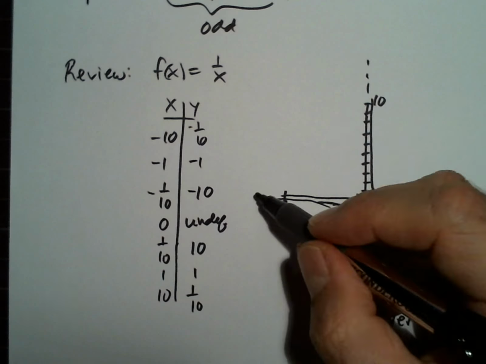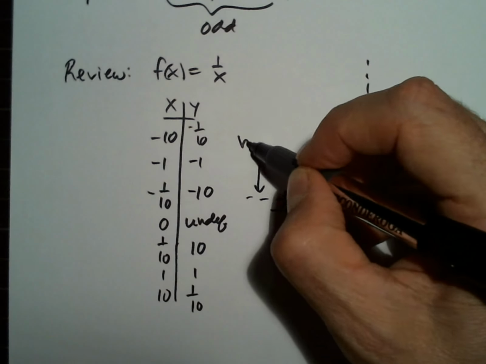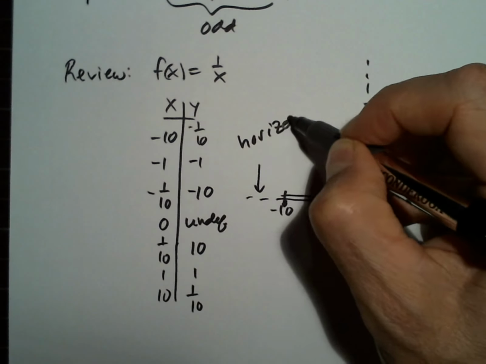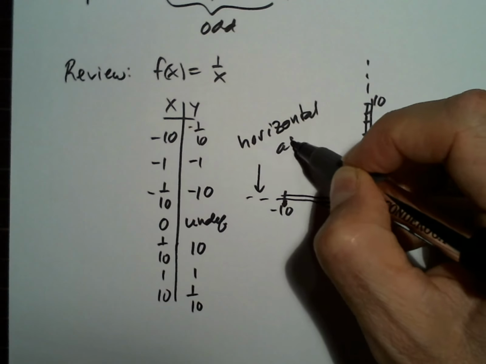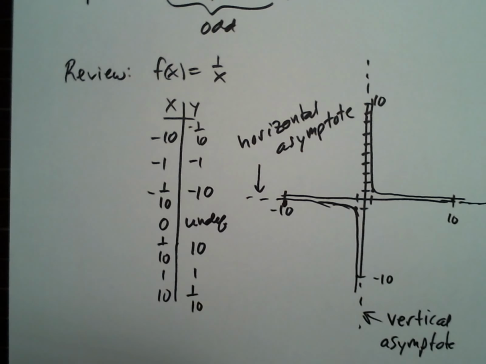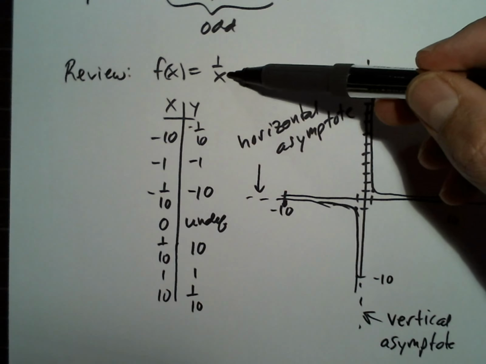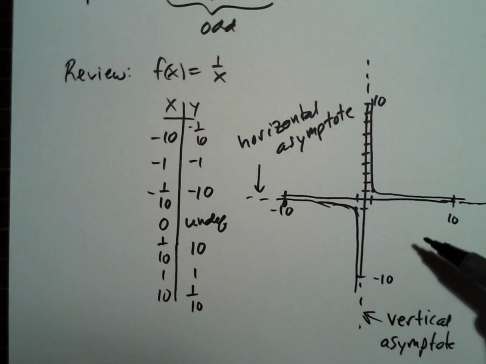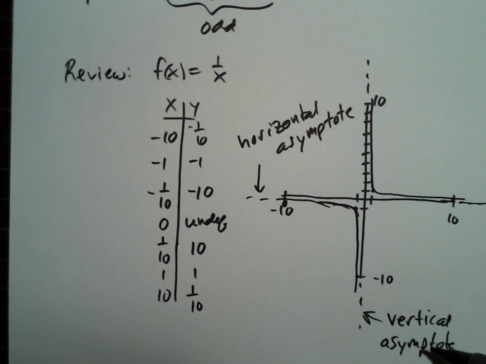We also have a horizontal asymptote. And due to this division, we get horizontal and vertical asymptotes. So these are going to be a big part of graphing rational functions.